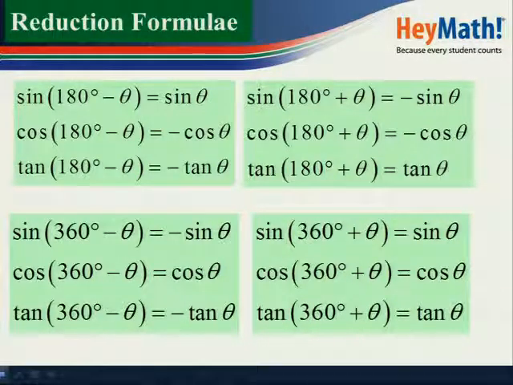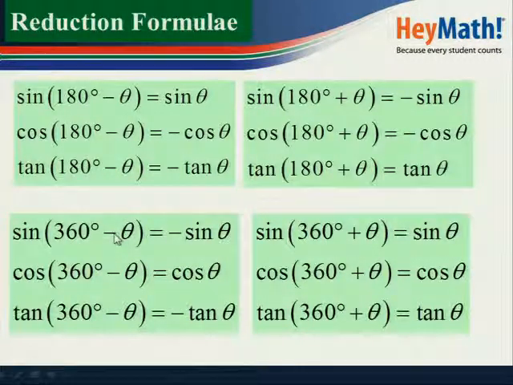According to the CAST diagram, you've got the letter A in the first quadrant, so all the trig ratios are positive. That's why the sine of 360 degrees plus theta is equal to the sine of theta, the cos of 360 degrees plus theta is the same as cosine of theta, and the tangent of 360 degrees plus theta is the same as the tangent of theta.